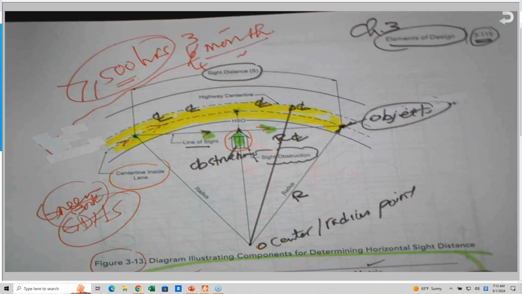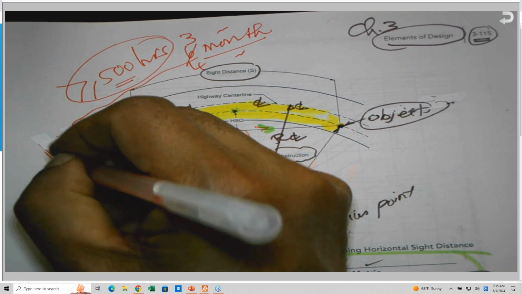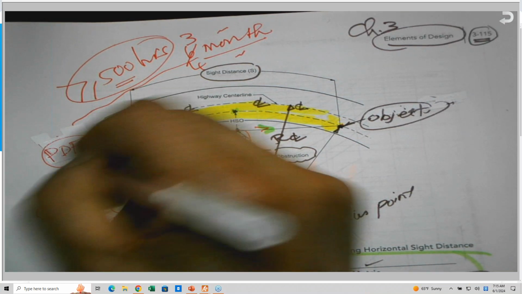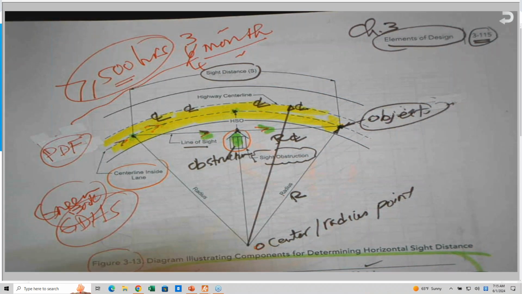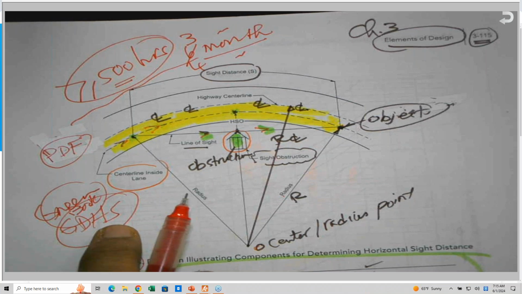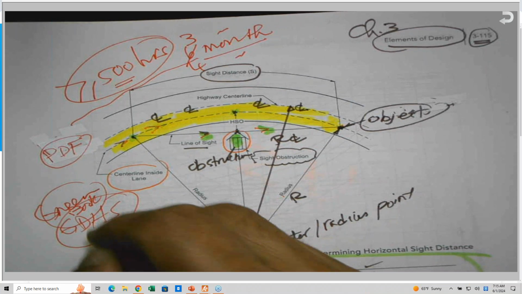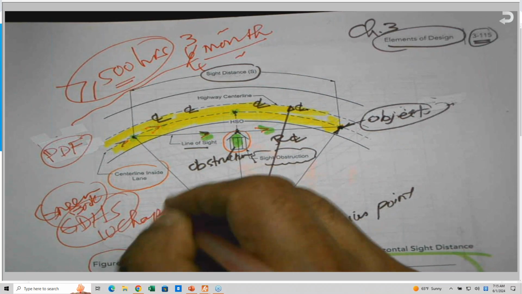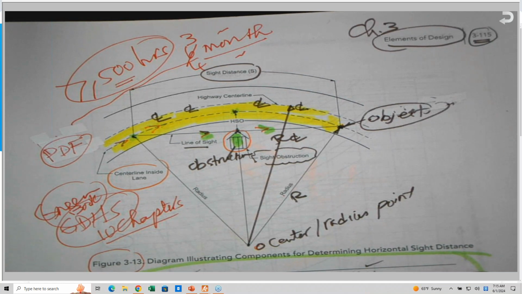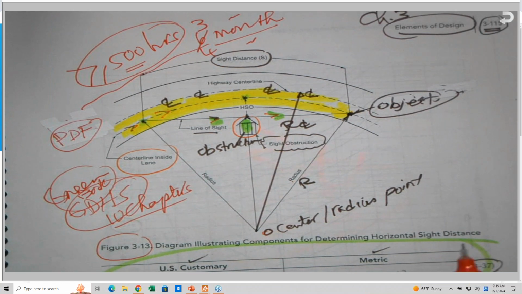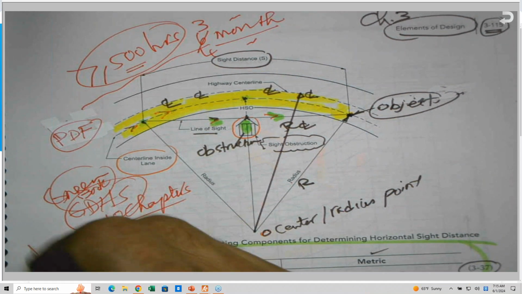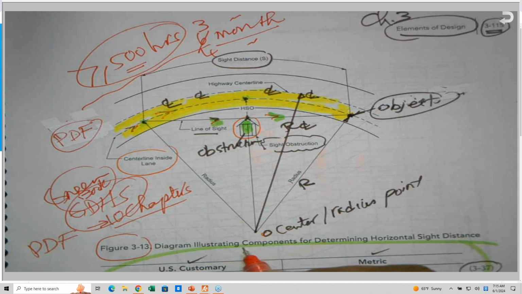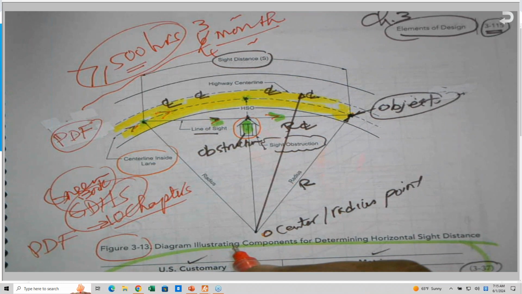They are giving you the PDF, according to him and according to my understanding. They give you the PDF in chapters, not the entire book. For example, the Geometric Design of Highways and Streets, as you know, has 10 chapters. According to him, again I'm repeating this statement, or according to my understanding, they give you the PDF of these 10 chapters separately, and you have to search for each chapter separately.